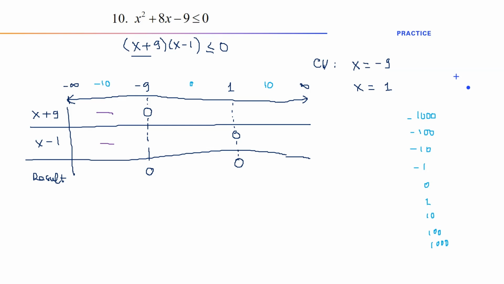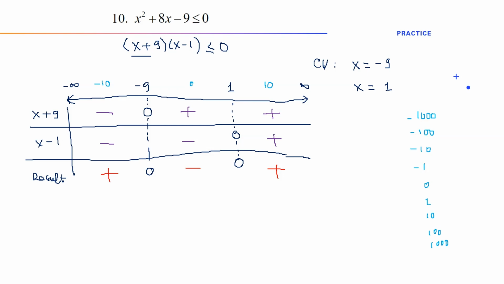And then the next one, 0, is positive. 0 at x minus 1, negative. 10, 10 plus 9, positive. 10 minus 1, positive. So now we have to remember a negative number times a negative number makes it positive.